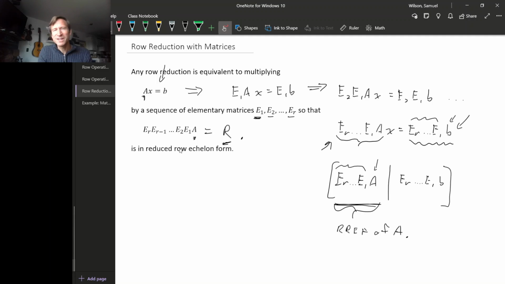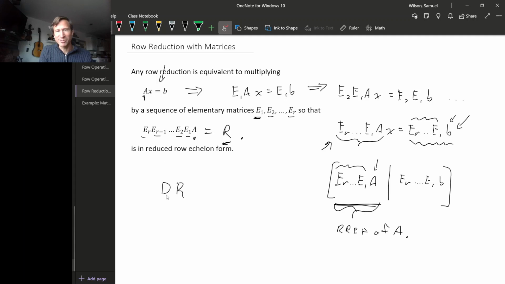Also, it gives us some insight into how A is put together. We know from before that for every row operation, the opposite of it is also a row operation. And so if we can multiply on the left by all of these matrices to turn A into R, that means it's possible to multiply on the left by all of the operations that undo all of these.